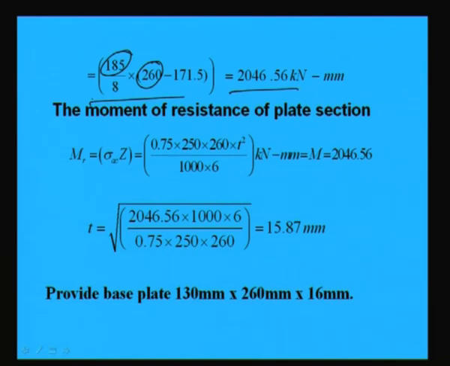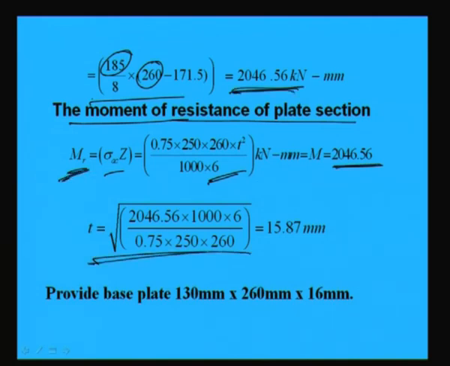The moment of resistance of the plate can be calculated, that is sigma AC into Z. If we put that value, we can equate it with this, so MR will be equal to M. From this I can find the thickness of the plate.